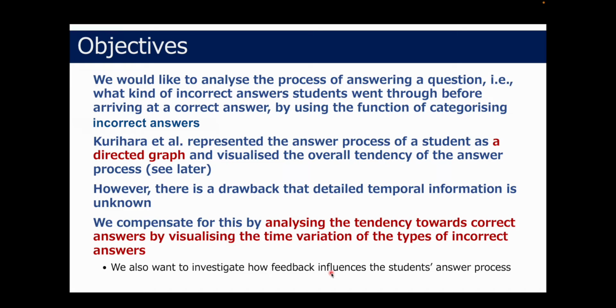Kurihara, one of my students, represented the answer process of a student as a directed graph and visualized the overall tendency of the answer process, which we will see later. However, there is a drawback that detailed temporal information is unknown.